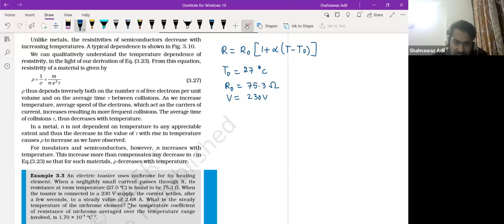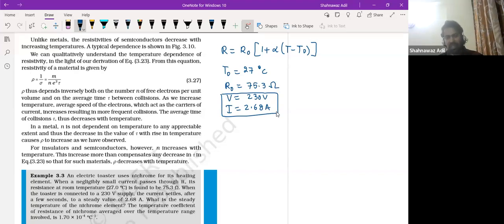Now the current is settled at this amount, right? So current is 2.68, right? So from these two pieces of information, what can you calculate, guys?